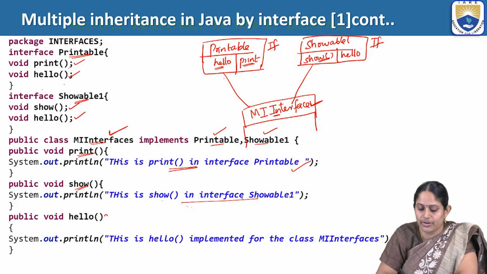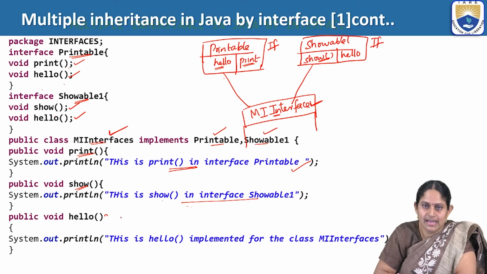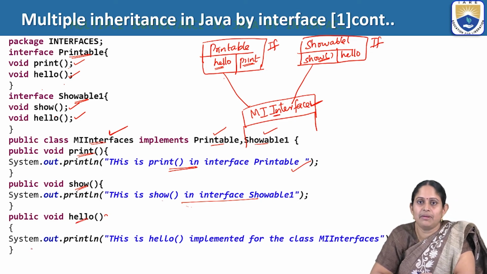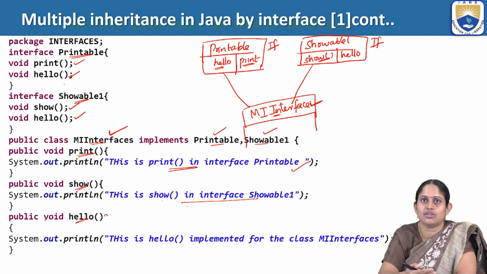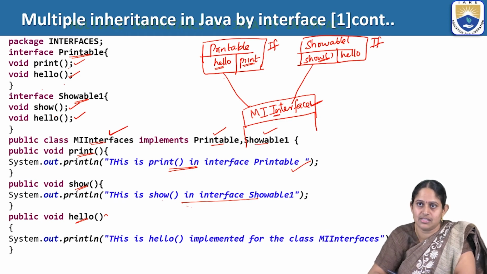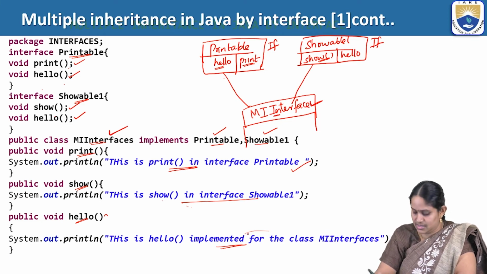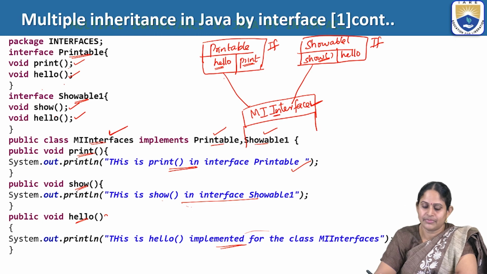This is show in interface showable. And we have one implementation of the hello method, which is the common method of both the interfaces, implemented in this way to print the statement.